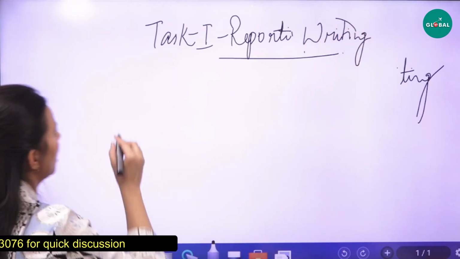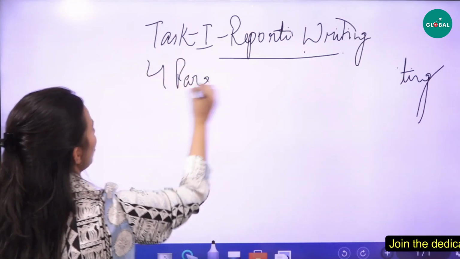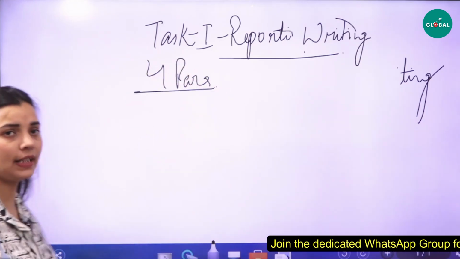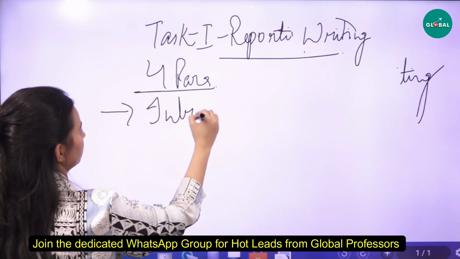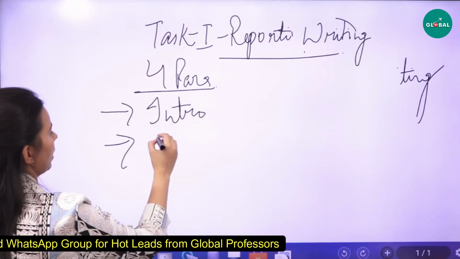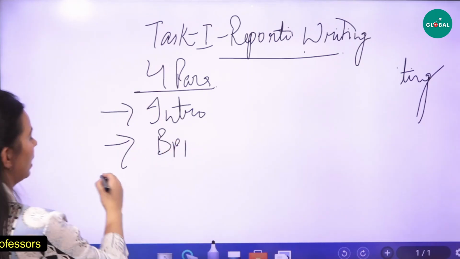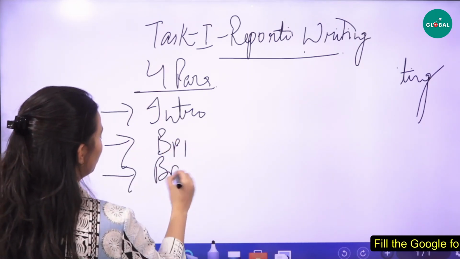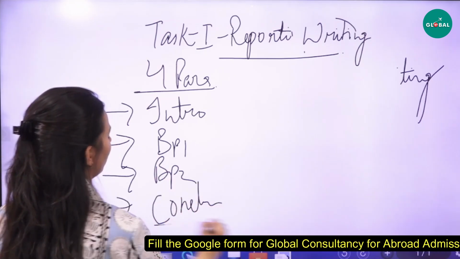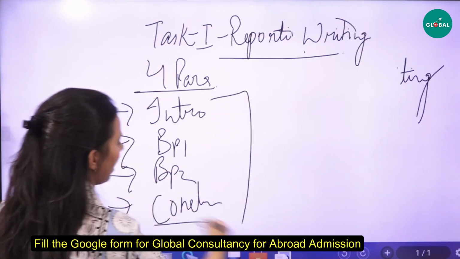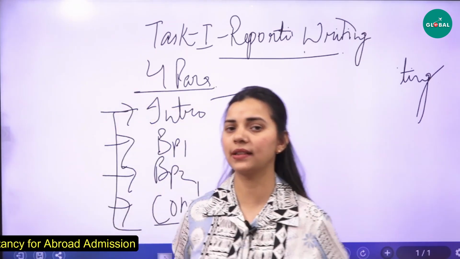There are 4 paragraphs we need to make. Number 1 is the introduction, then body paragraph 1, which we call BP1, then body paragraph 2, and the conclusion. This is the ideal format you need to follow while writing a report.